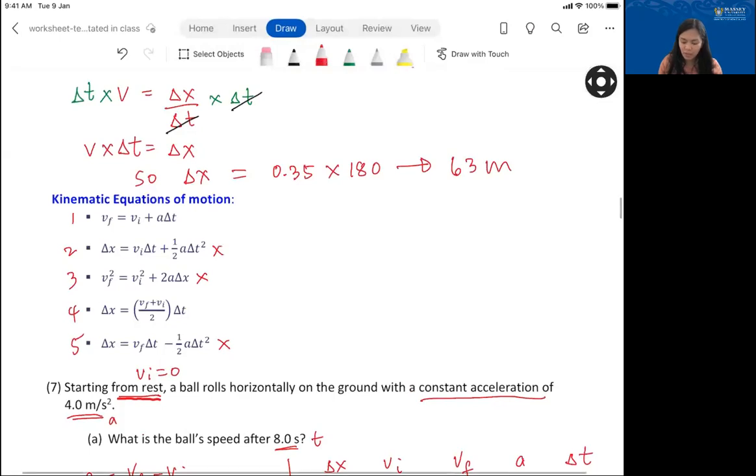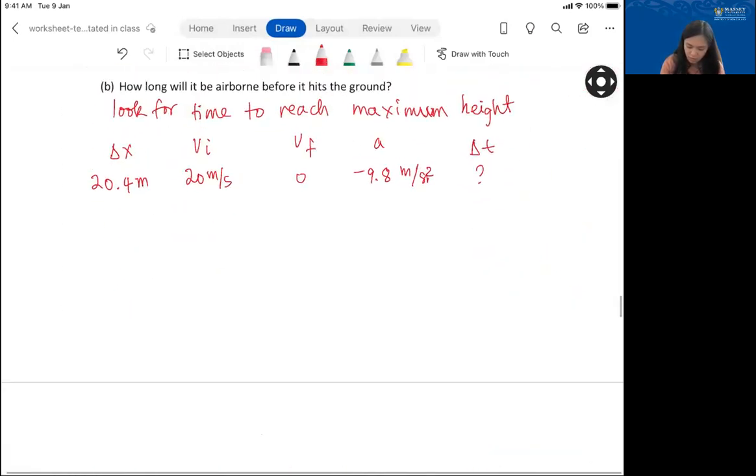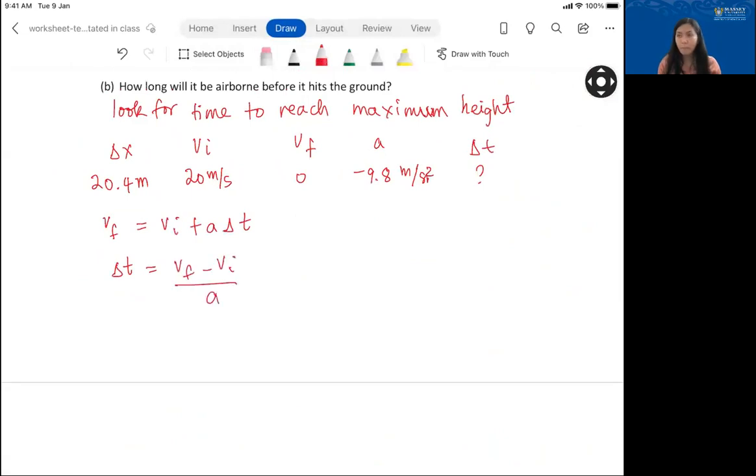Vf equals Vi plus A delta T. Okay, let's use equation 1 to solve for delta T. Because we already rearranged this earlier, I think, subtracting both sides with Vi and then dividing by A. The rearranging is the same, except that instead of dividing by delta T, we divide by A. So I won't go through the detailed rearranging for that.